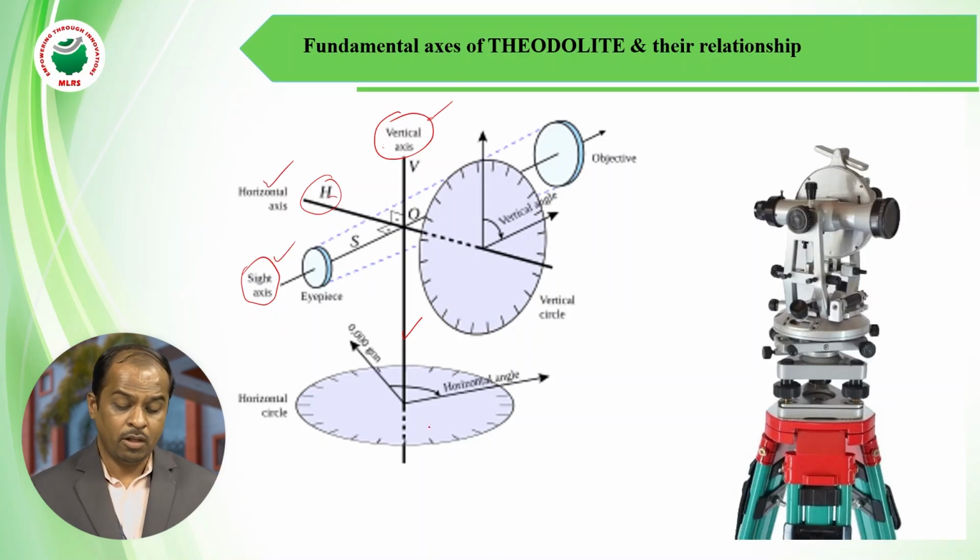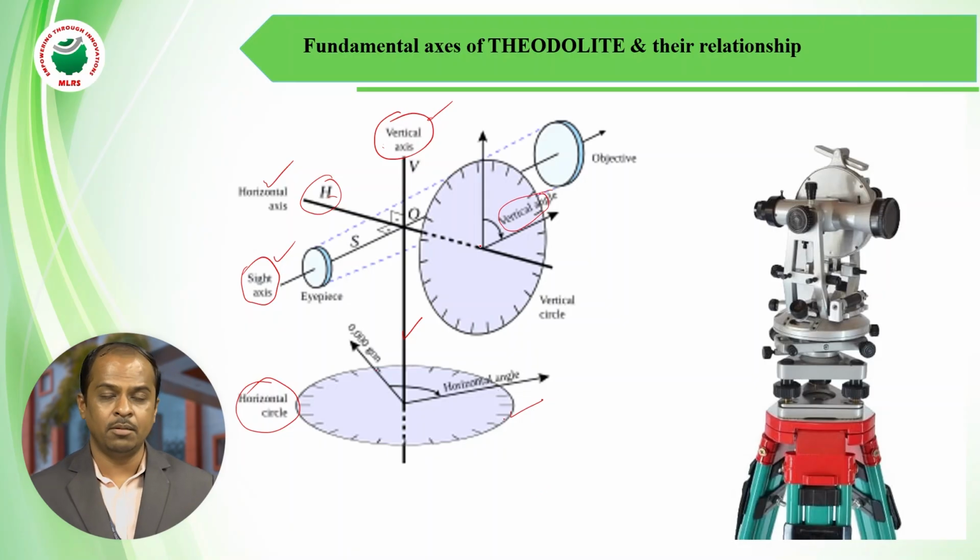Well, coming to the horizontal plate, that means we are considering a horizontal plane which is perpendicular to the vertical axis, and the horizontal angle is measured on this horizontal circular plate plane. Like that, for measuring a vertical angle, we have a vertical circle. The vertical plane on which we measure the vertical angle must be perpendicular to the horizontal axis.